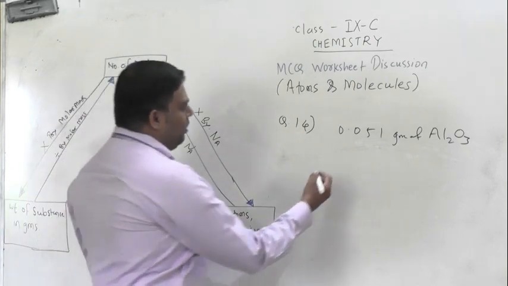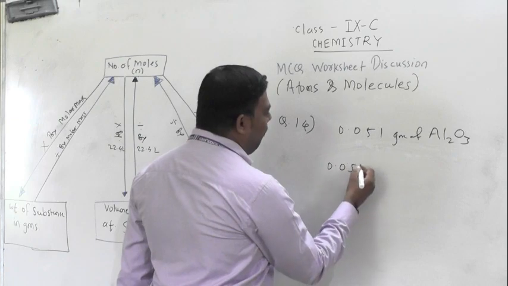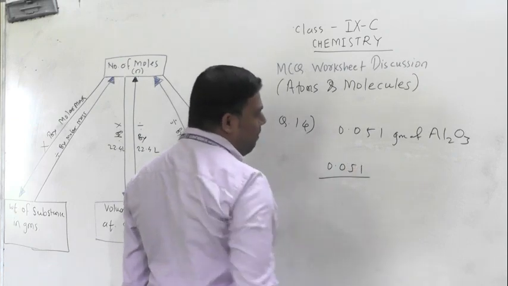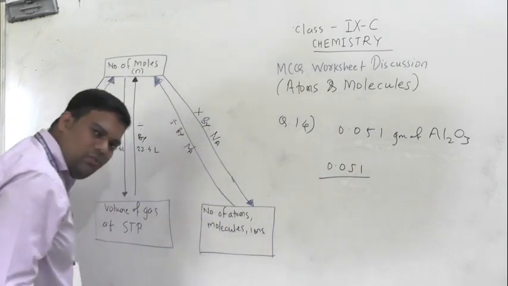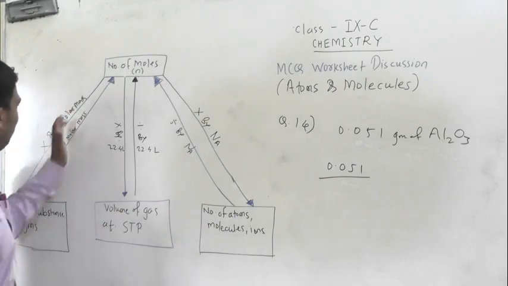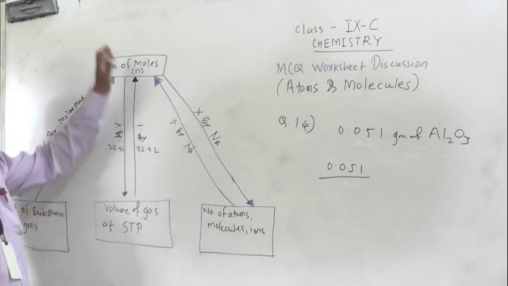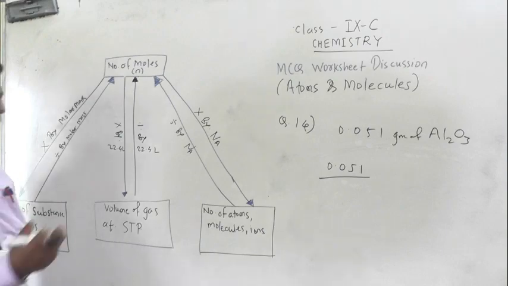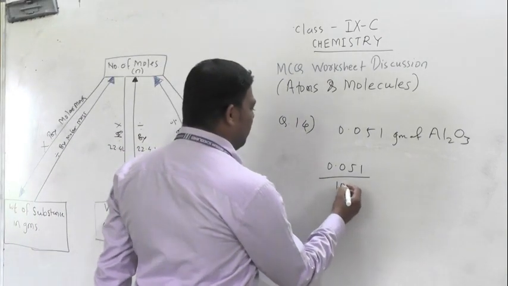Okay, so say 0.051 divided by molar mass, because the quantity is given in grams, so first we calculate the number of moles. The molar mass of Al2O3, how much? 102 gram.